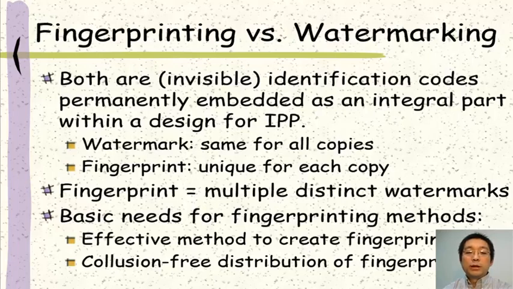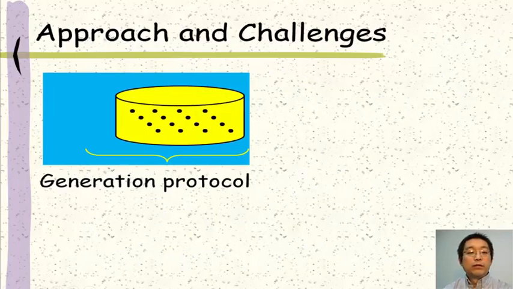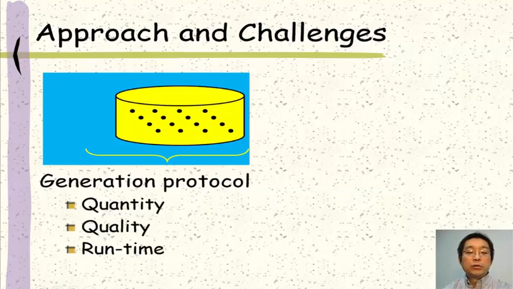We now elaborate challenges for digital fingerprinting. First, in the face of IP generation, the challenges are how to create multiple, or in many cases, a large amount of solutions. And second, how to maintain the high quality of these solutions to keep the value of these IPs.